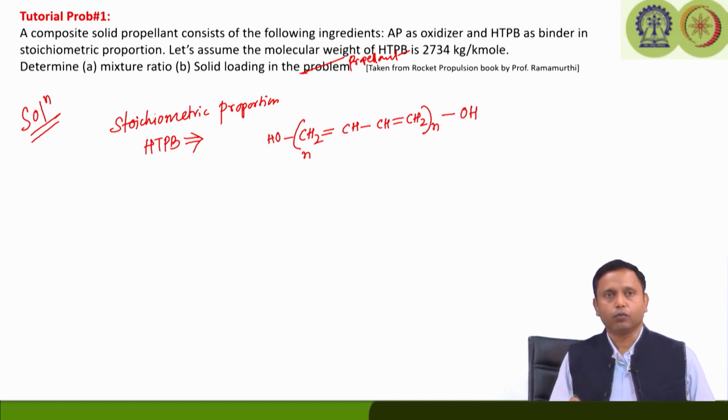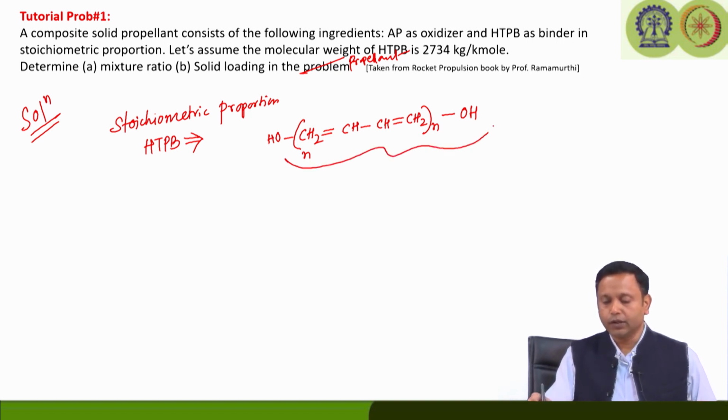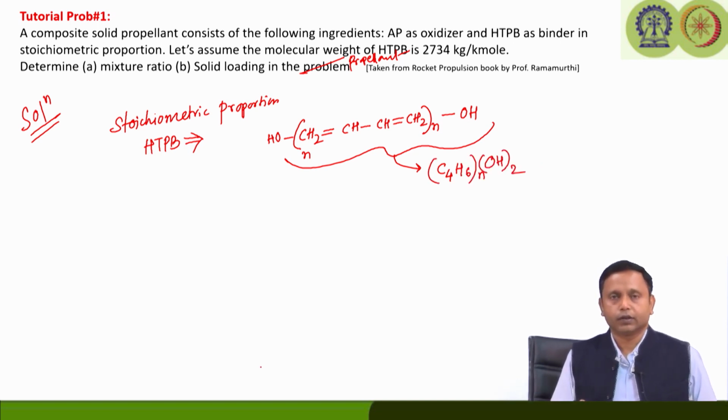So, this is the typical formula of HTPB. Now, we can write this in a little simplified form. We can write this as C4H6 n OH2. There are hydroxyl radicals at both the ends.